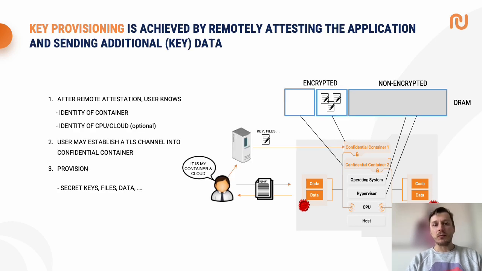A last feature which is quite innovative and I really find cool is key provisioning. So an enclave is like any other application, first of all code that is somehow stored in the file system, which is loaded by the operating system.